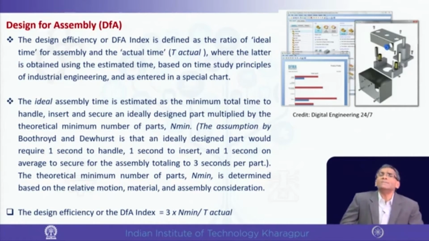Now, ideal means what? Say you are putting a square peg in a square hole, so one has to locate where the square edge is, and so one has to position etc. But if this pin is cylindrical, then that requirement is not there, but still positioning is necessary at the hole, which should take less time.